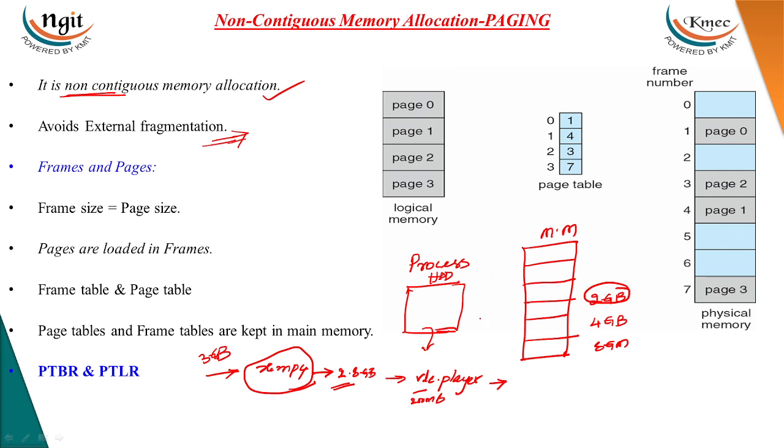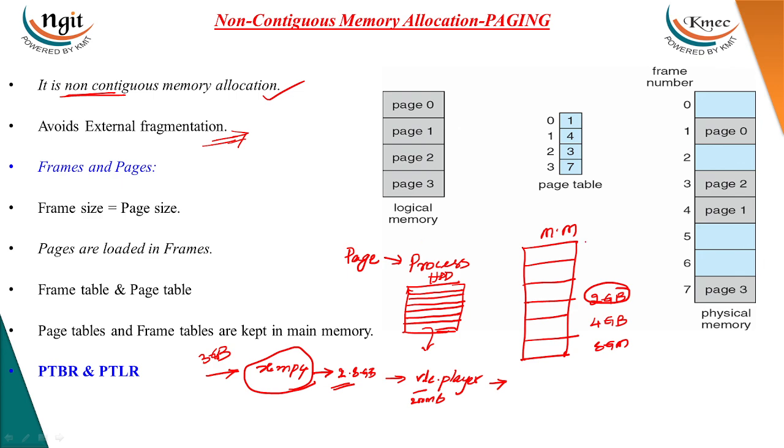That's why we divide this process. The data along with your program will be divided into smaller partitions. The process is divided into smaller partitions, and we call those partitions pages.